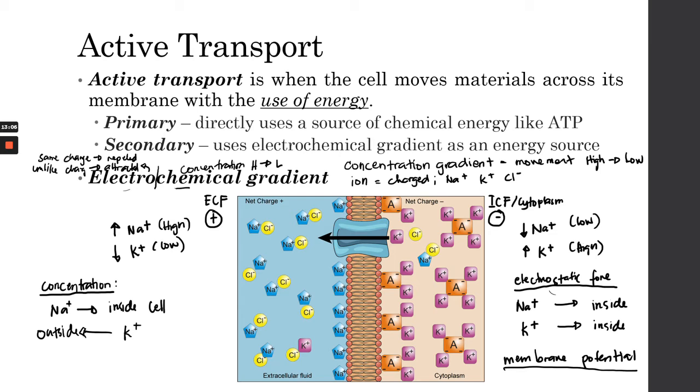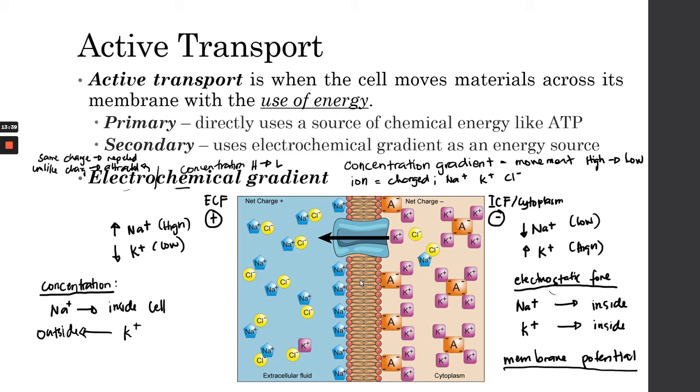So as you can see, if sodium always wants to go inside the cell, why is there still more sodium outside of the cell? Why is its concentration still higher outside if sodium always wants to go inside? And why is potassium still more concentrated inside the cell, if its movement is kind of a balance between going inside and going outside? And that can happen because of active transport.